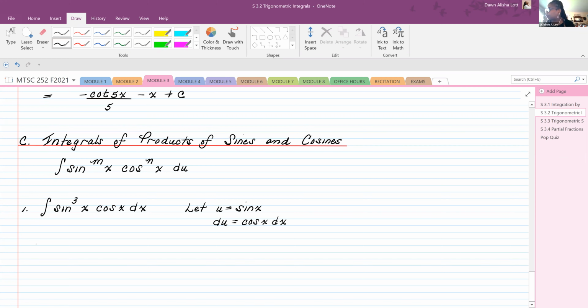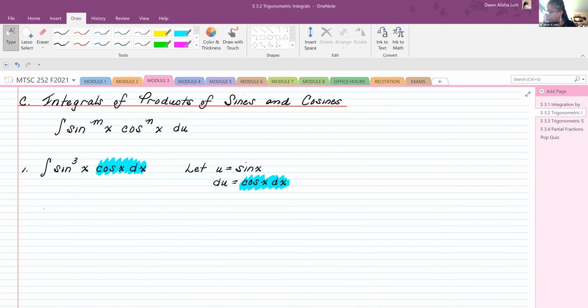So this is a perfect u substitution, because here's du, cosine x dx. Therefore, this integral just becomes u cubed, and the cosine x dx just becomes du. Now that is one of the easiest integrals ever. That is 1/4 u to the 4th plus a constant.